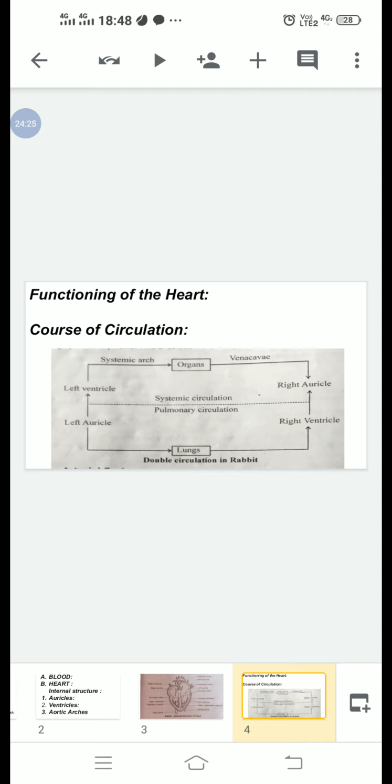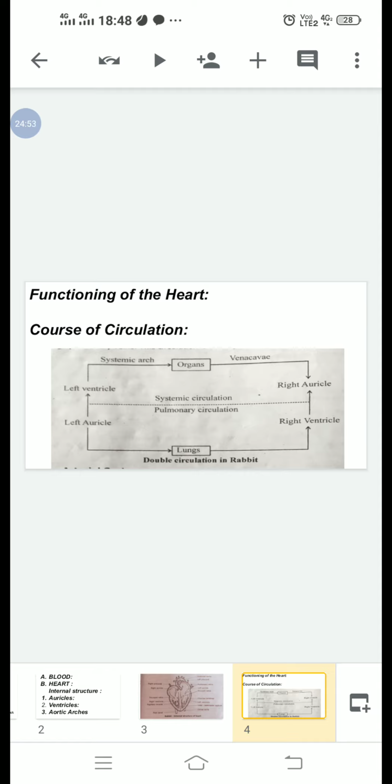Similarly, the pure blood of the left ventricle flows into the systemic arch. Then the ventricles relax. The entire process is repeated from auricles to ventricles. This is the function of the heart.